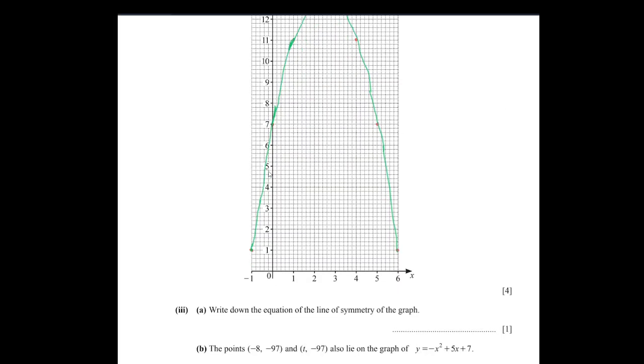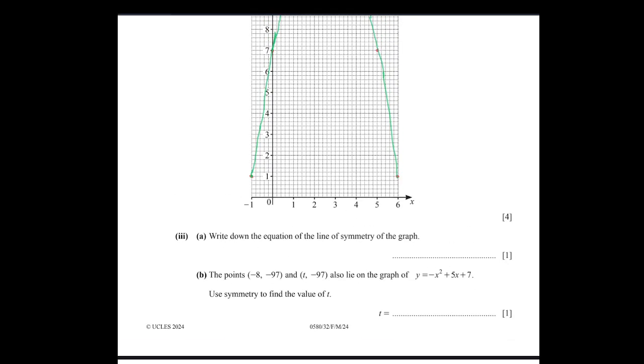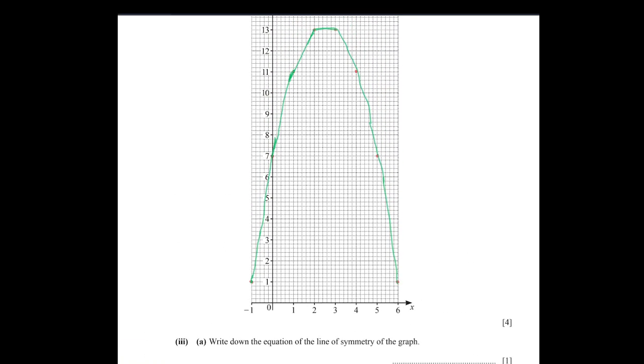Now question number 3, write down the equation of the line of symmetry of the graph. Now the line of symmetry for this graph should pass exactly through the middle between these points. So you will try to make the half in between these 2 points. So it is 1 2 3 4, 1 2 3 4 5.